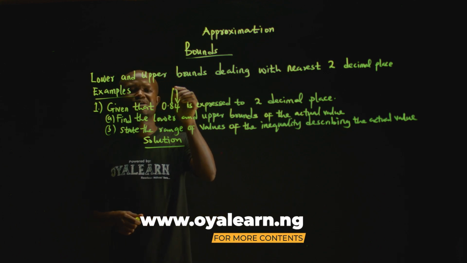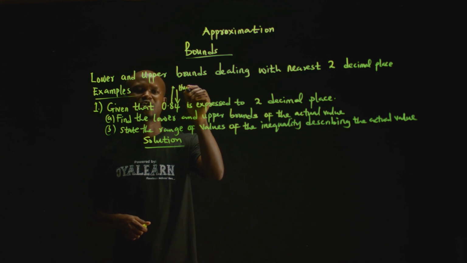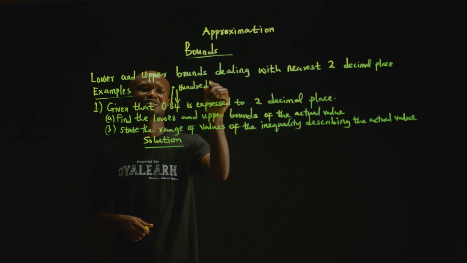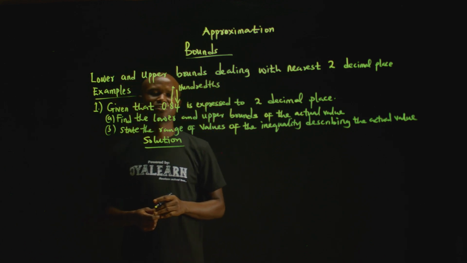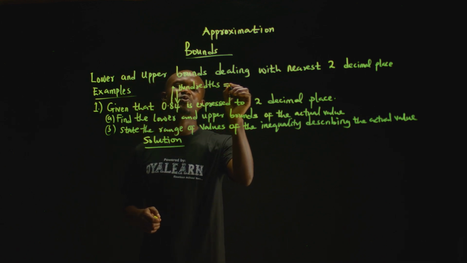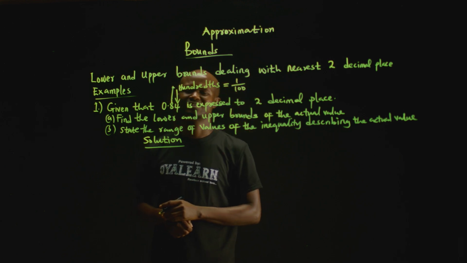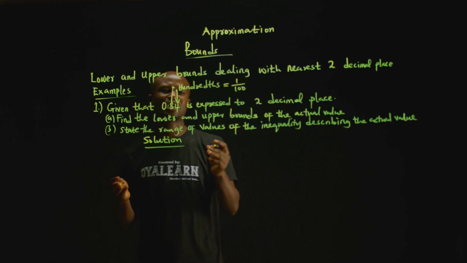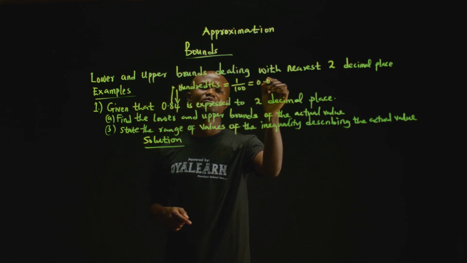This represents hundredths. That's the place value of 4 here. So since we are dealing with hundredths, and hundredth represents 1 divided by 100, what is 1 divided by 100 in decimal? 0.01.